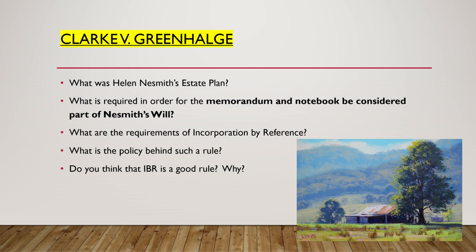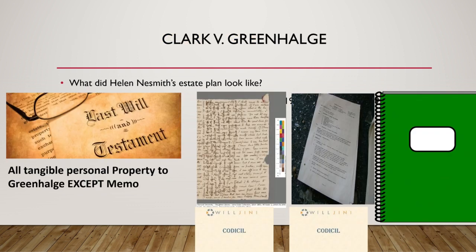We'll take a look at the Clark v. Greenhalgh case. Make sure you understand the estate plan. What are the requirements? This is an IBR case. This is Helen Nesmith's estate plan. And think about the codicil and the impact it had. What if no codicil? What would have happened?